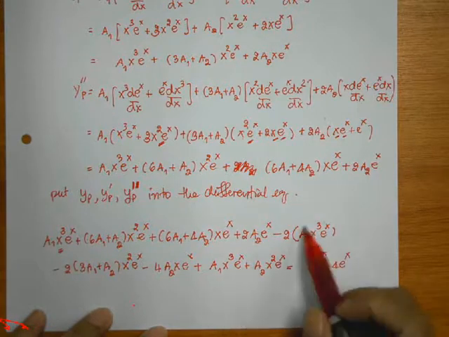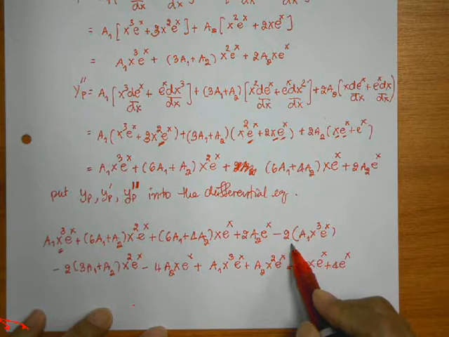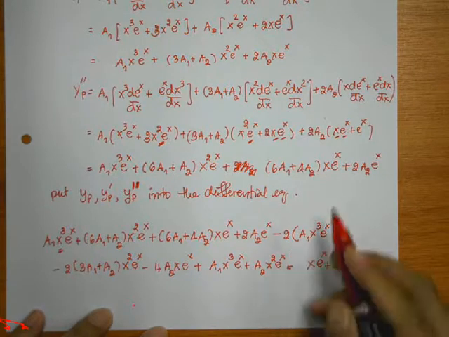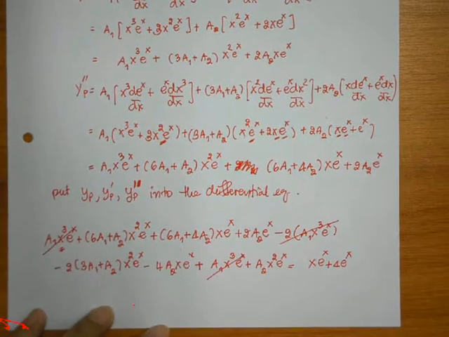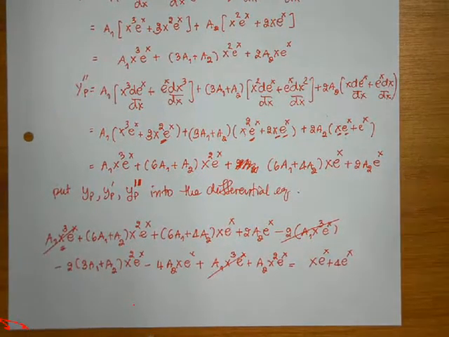But this term you have minus 2a1. So this term cancelled out. Okay, terms x to the power 3 times exponential of x all cancel out.